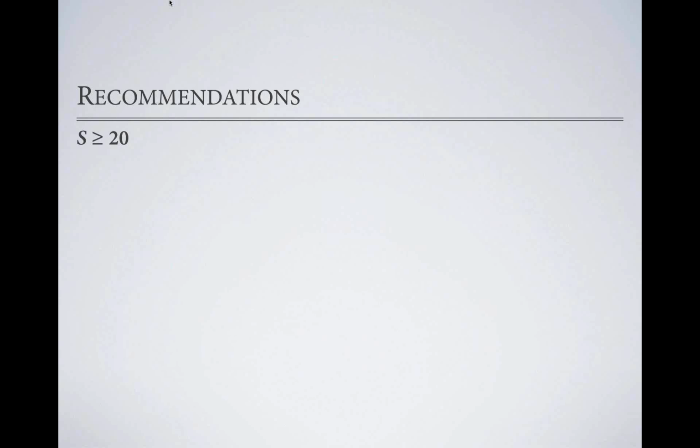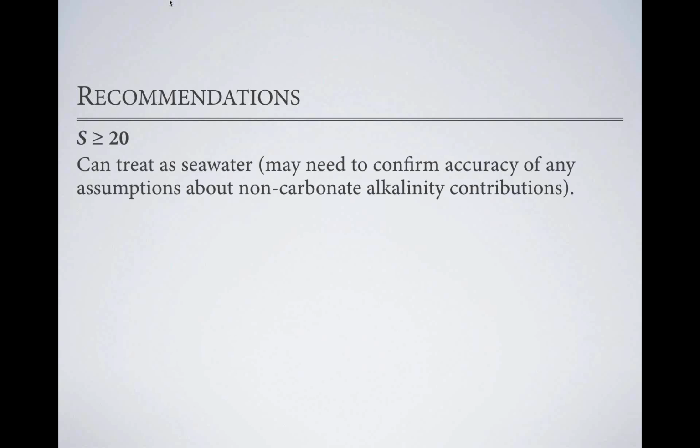So my recommendations: for salinity greater than 20, just treat it as seawater. Of course, you may need to just check, if you're using alkalinity, that there really is no substantial organic contribution to alkalinity. A DOC would give you some feel for this, because only a small fraction of DOC is ever likely to be acid-base species.